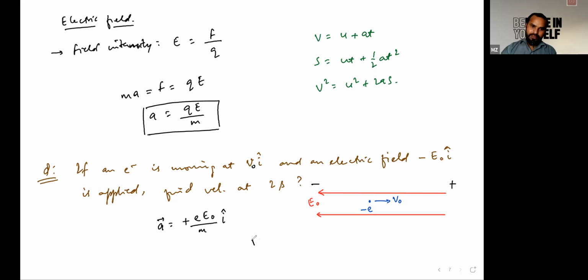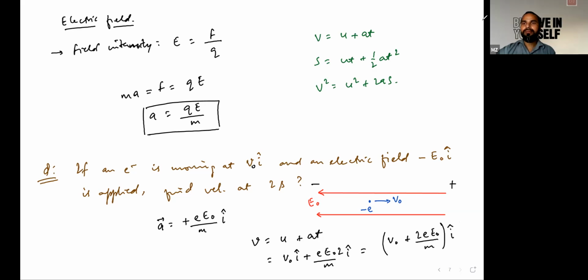Now use the first equation of motion, v is equal to u plus a times t. u is v naught i cap, acceleration is e E naught by m, and time is 2 seconds along x-axis. So it will become 2 times e E naught by m, and the whole term would be along positive x-axis.